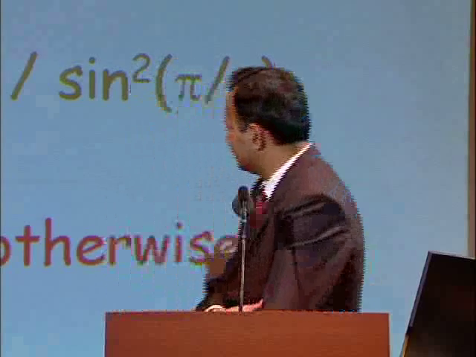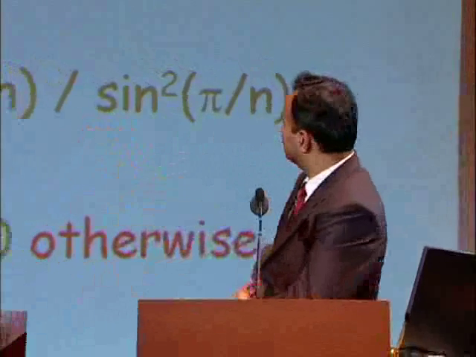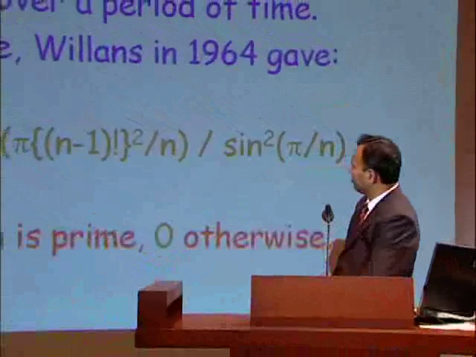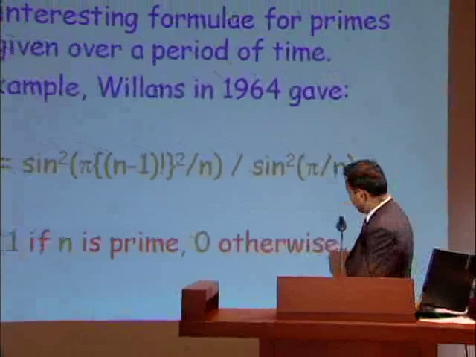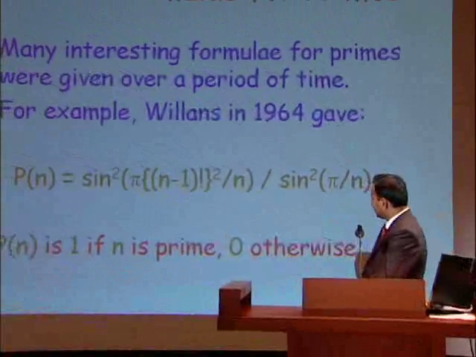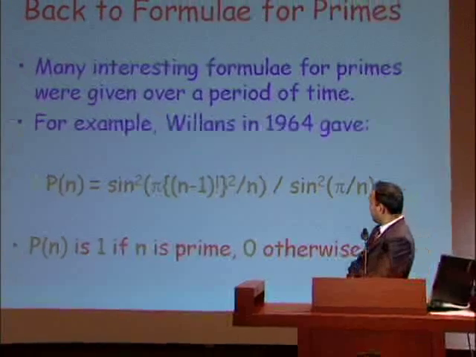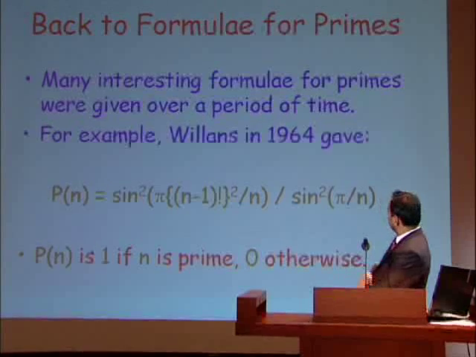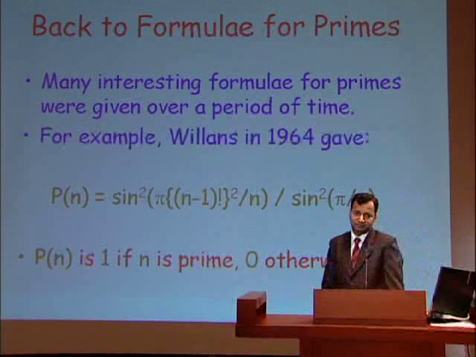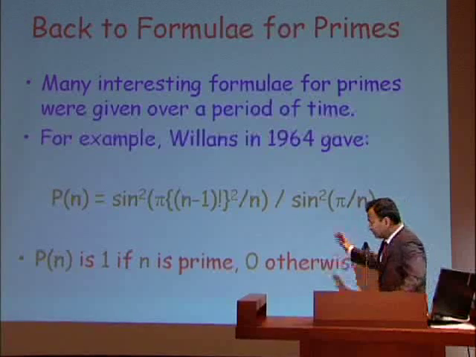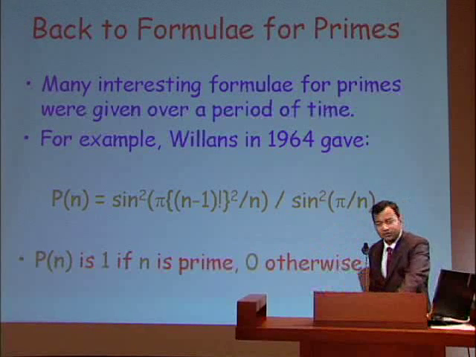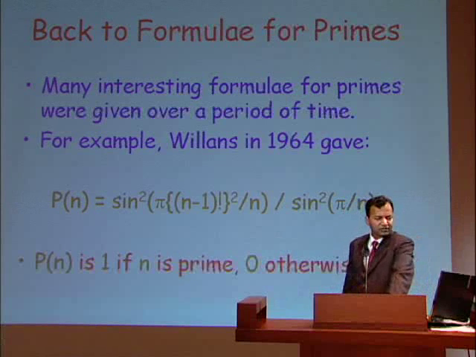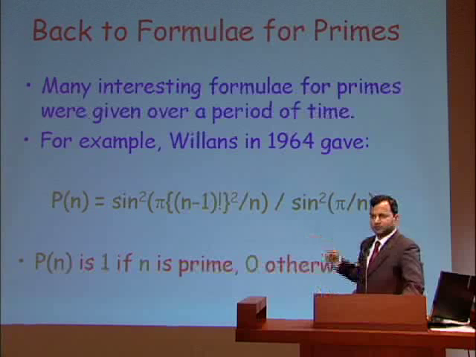Let's just take one example. Here is a formula given by Willans in 1964. P of n, that's a formula for prime n, equals sine square of pi into (n minus 1 factorial) whole square divided by n, whole divided by sine square of pi over n. Now it's easy to show that P of n is 1 if n is prime, it's 0 otherwise. So it's a perfect formula for primes.